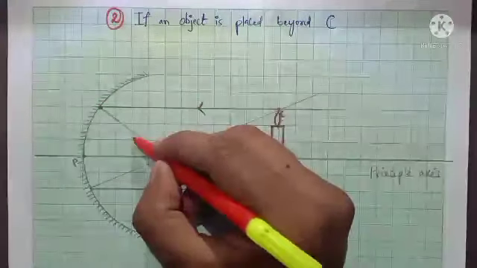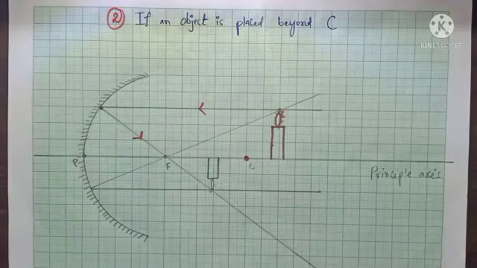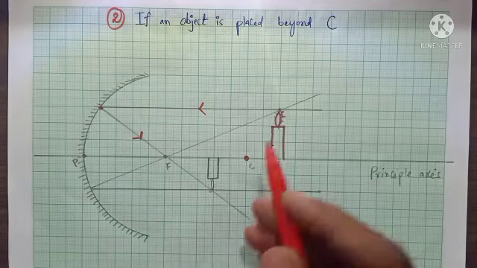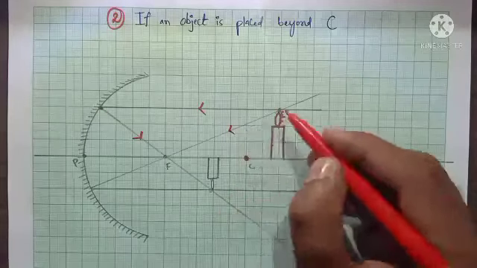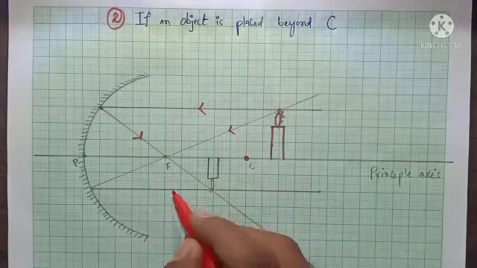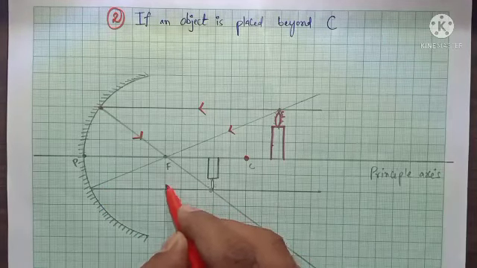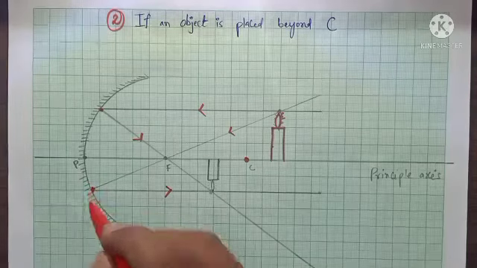After hitting the mirror, it will pass through the focal point. And the second rule, a ray passes through focus, it will pass parallel to the principal axis after reflecting.